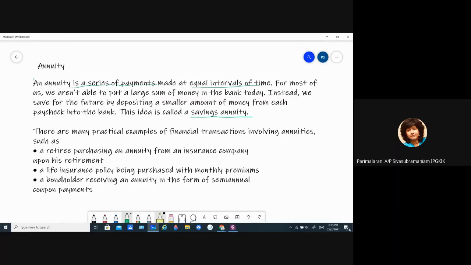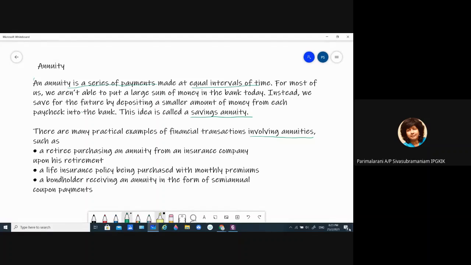okay? There are many practical examples of financial transactions involving annuities, such as a retiree purchasing an annuity from an insurance company upon his retirement. That means sometimes when you buy an insurance, you pay premiums monthly. At the end of it, you get some money.